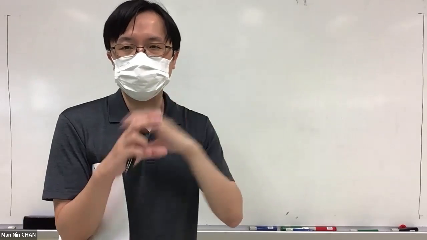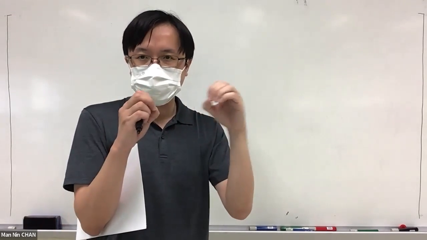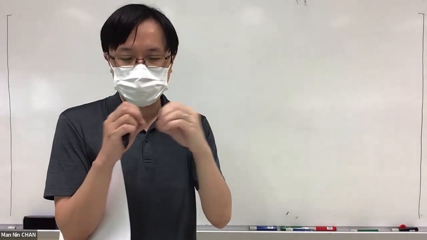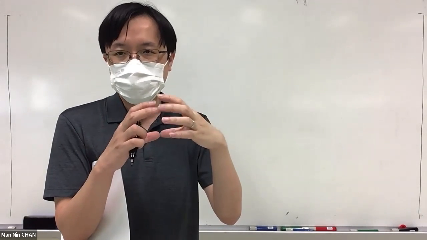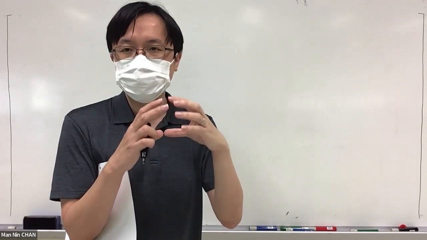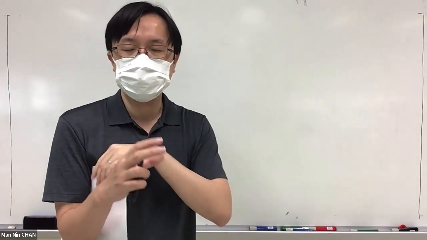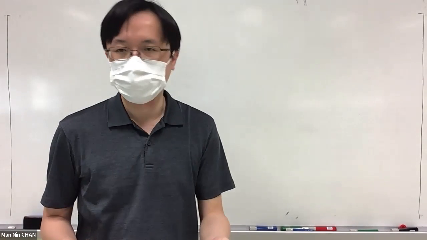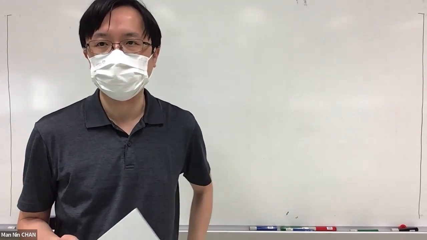Every time coagulation occurs, of course your aerosol size will change, but more importantly, it affects your aerosol number concentration. So we're going to talk about this process in today's lecture.